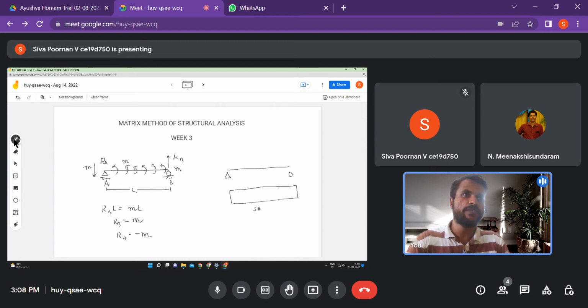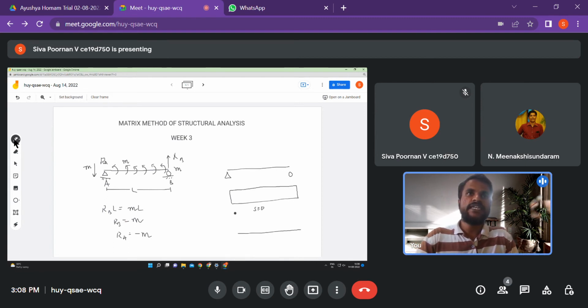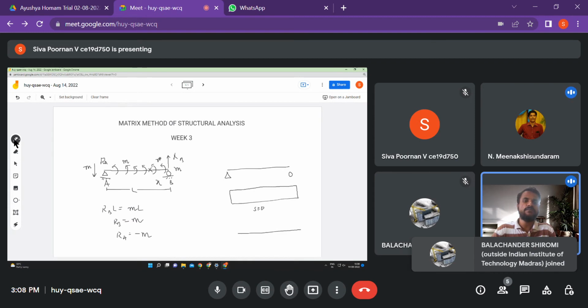Okay, what is the bending moment diagram? Bending moment diagram at any point, let's say I'm taking here, then what will happen? It's this reaction m into small x minus this is also m into small x.